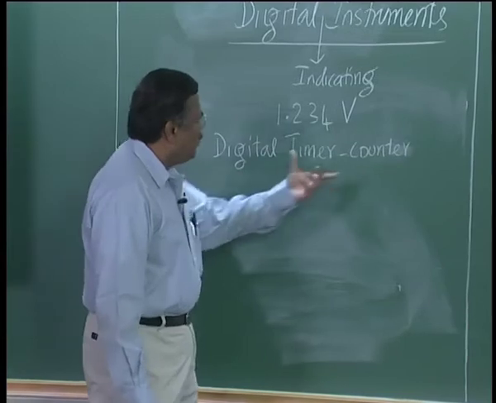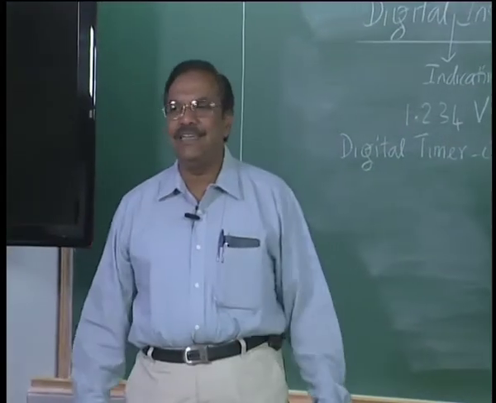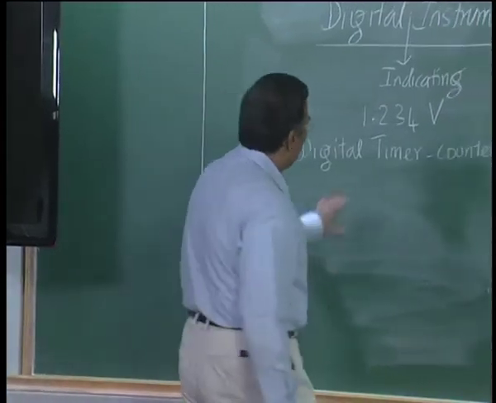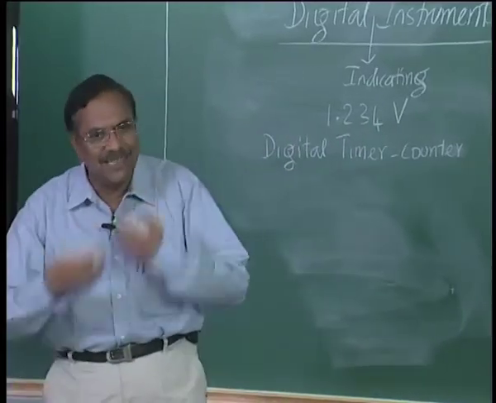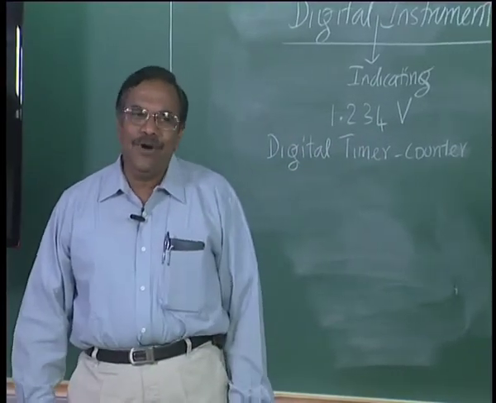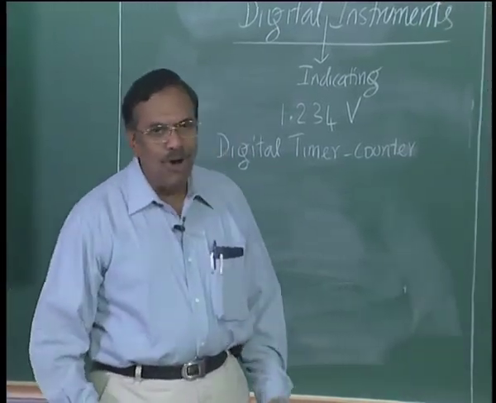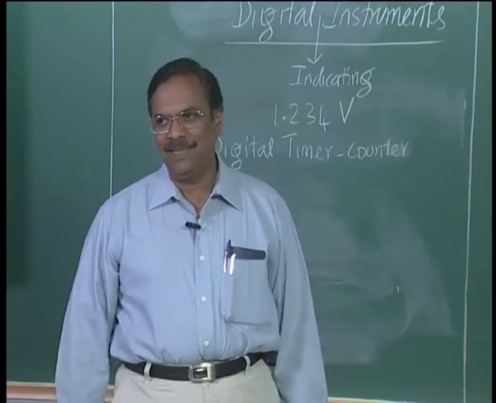The digital timer counter, as the name indicates, is a digital indicating instrument, and in all digital indicating instruments, the final value is the decimal number that we understand. If you want to design a machine to operate on the decimal system, it is really impossible.